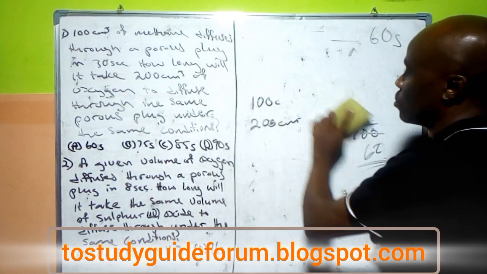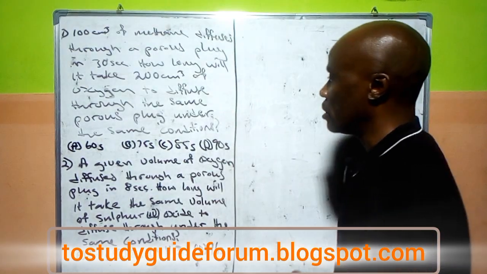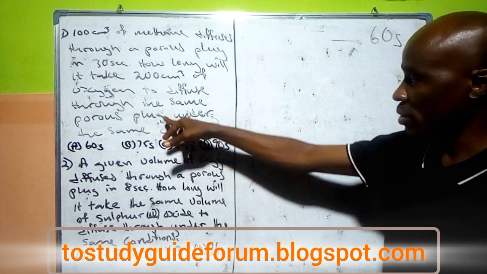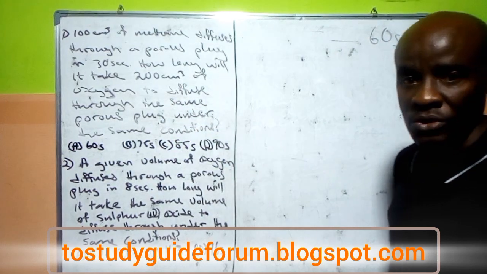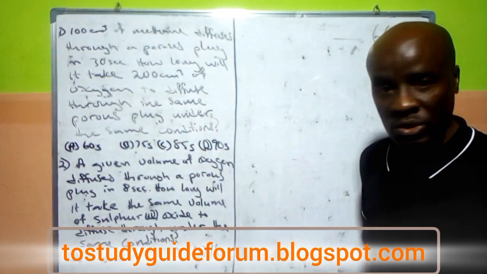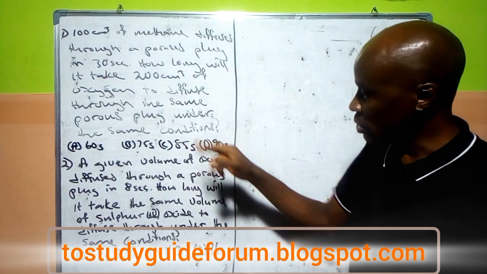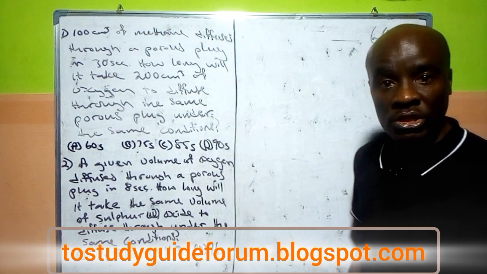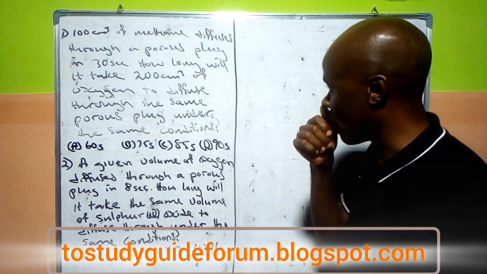The next thing is to compare the gases, their diffusion times, in order to get exactly what it will take for 200 cm cube of oxygen to diffuse.